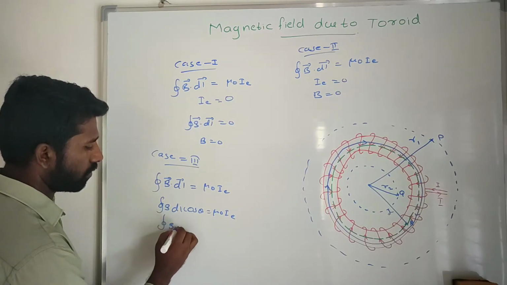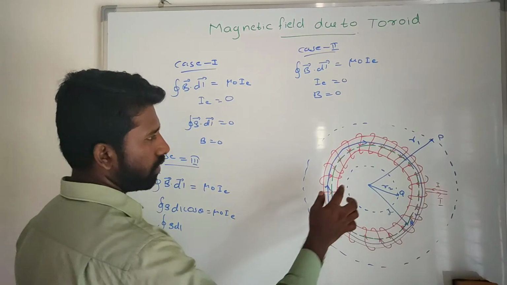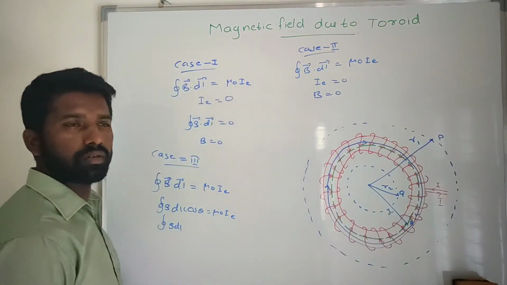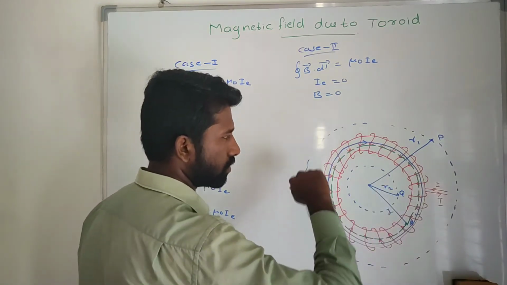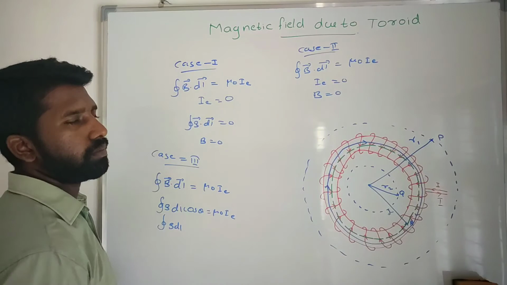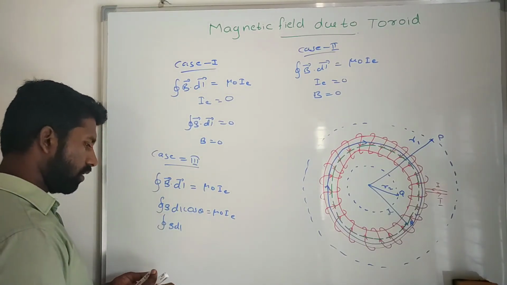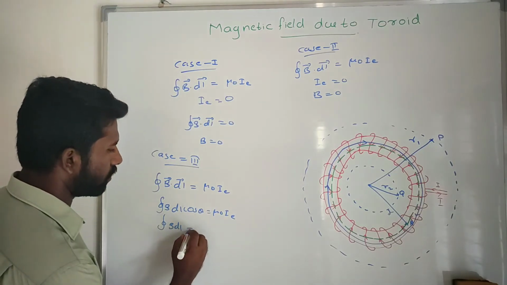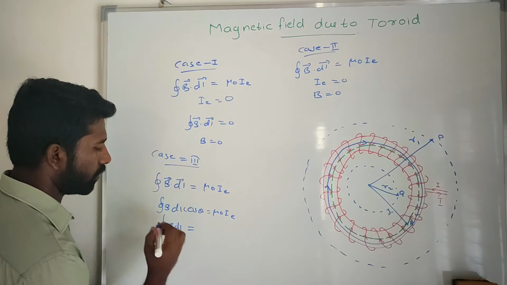Here dl and B are tangential, because the magnetic field is like this and the loop is also in the same direction. So we will get B dl cos 0.